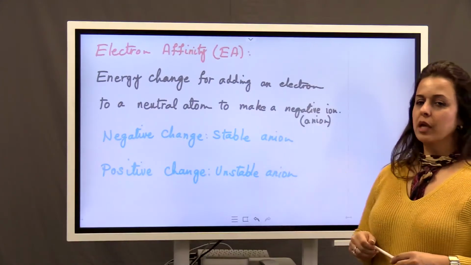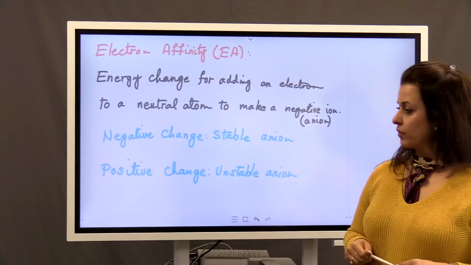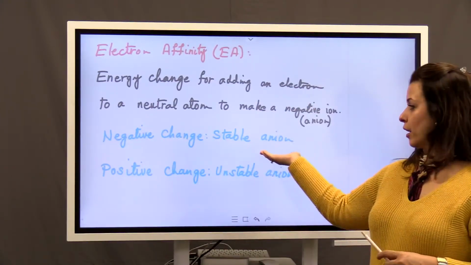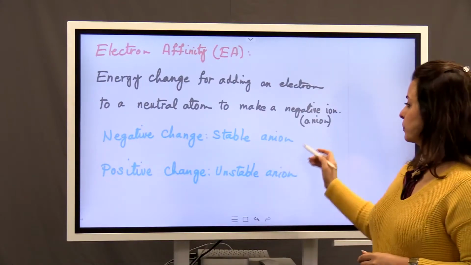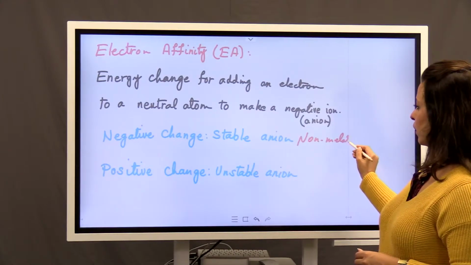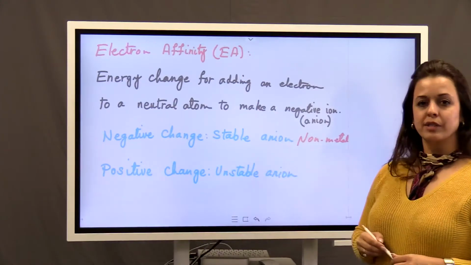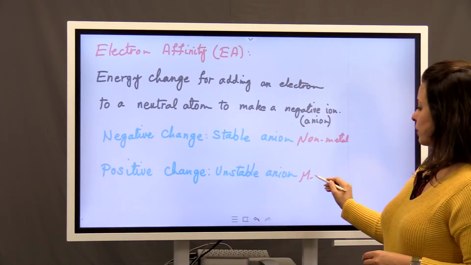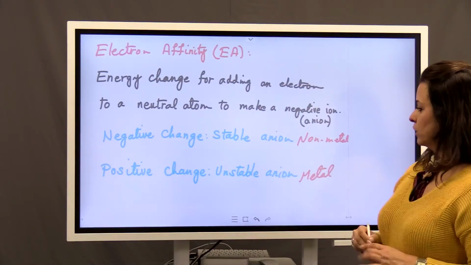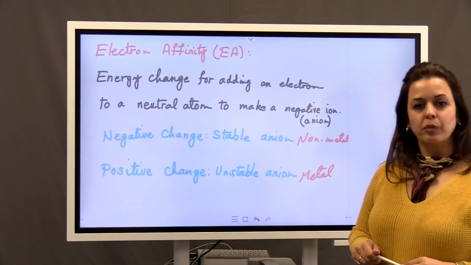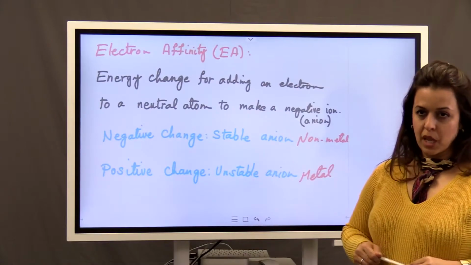But electron affinity is one of the periodic properties that changes. For some of the elements it is more negative, meaning their anions are more stable, and you expect it for nonmetals, right? And when there is a positive change, it means the anion is unstable, like metals. Metals don't like to be changed to anions, right? So their electron affinity will be more positive.